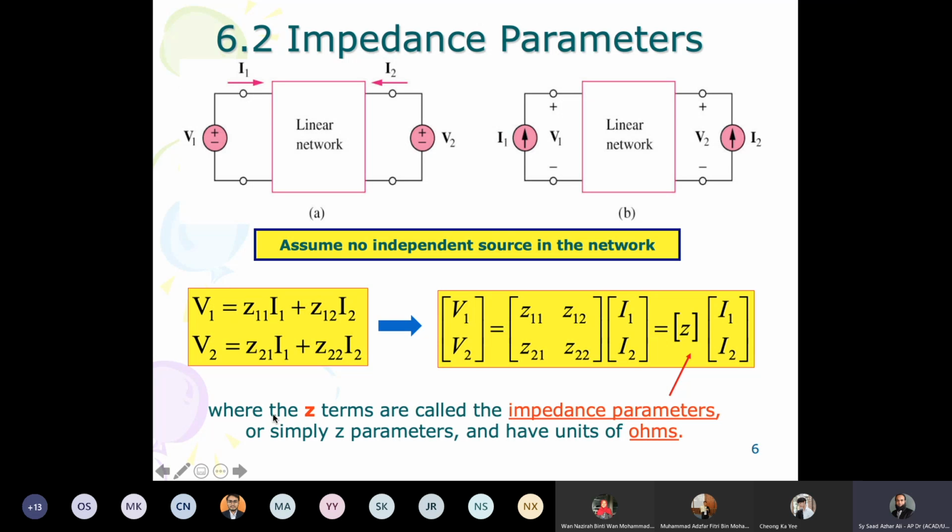All right, by the way, we are doing the Z parameters, the impedance parameters, at this time. The Z terms are called the impedance parameters, or simply Z parameters, and have units of ohms. So basically this is like V equals RI, right? Some people say it's not V equals RI but V equals IR. When you're doing a single voltage, single current and single resistance, that doesn't make a difference.